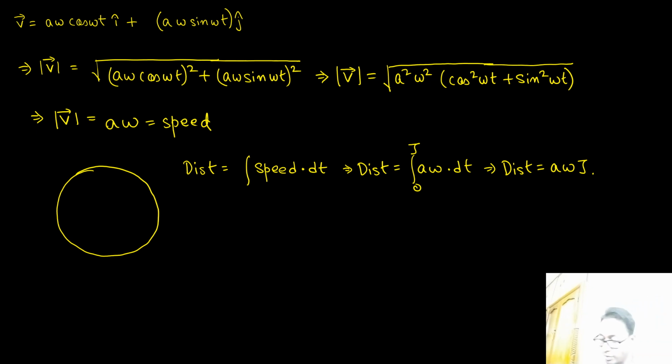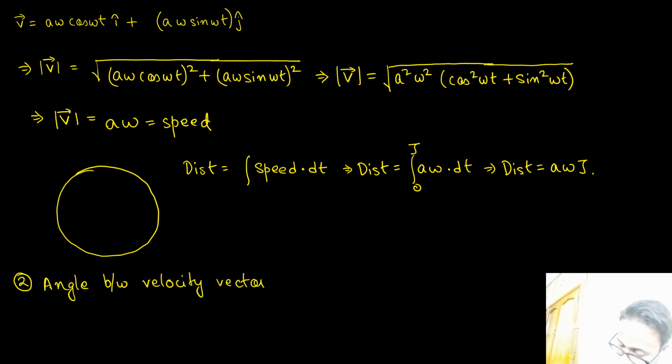The second part of the question was to find the angle between the velocity vector and the acceleration vector. Not the speed, the angle between the velocity vector and the acceleration vector.